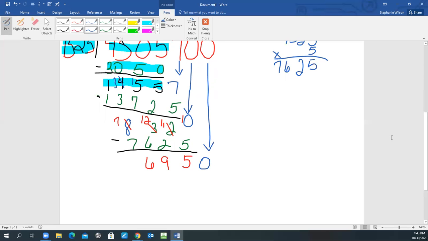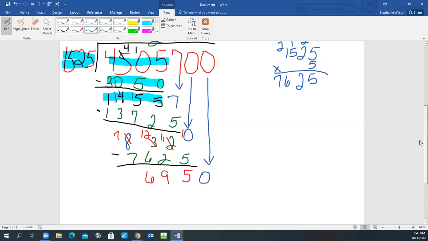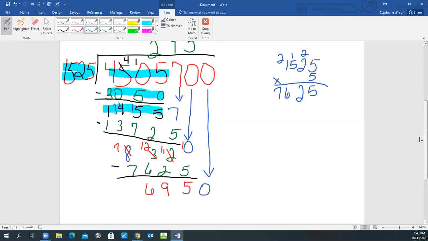All right. So let's look at this and decide on what's our next option. 5 gave us 76. Let's try 4. There's a possibility that 4 will be our good number. All right, so 4 times 5 is 20.